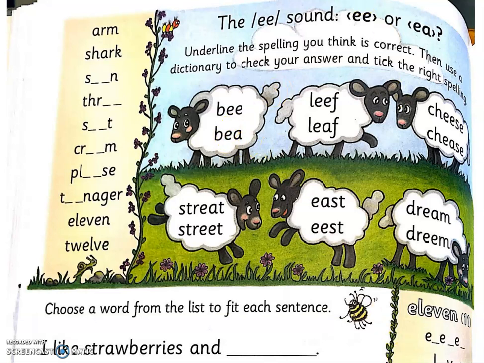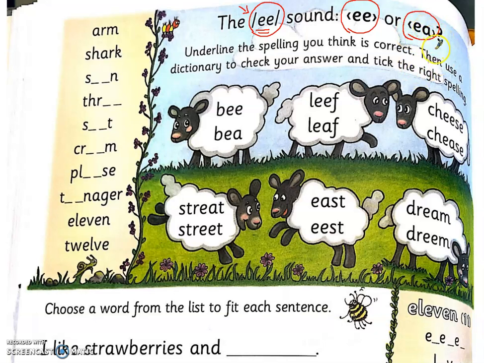So the E sound. Now in the past you will have always known the E sound to be formed using the E digraph, E. And that is the case, and we'll be looking at some E words shortly, but also the E sound can be made with the letters EA.